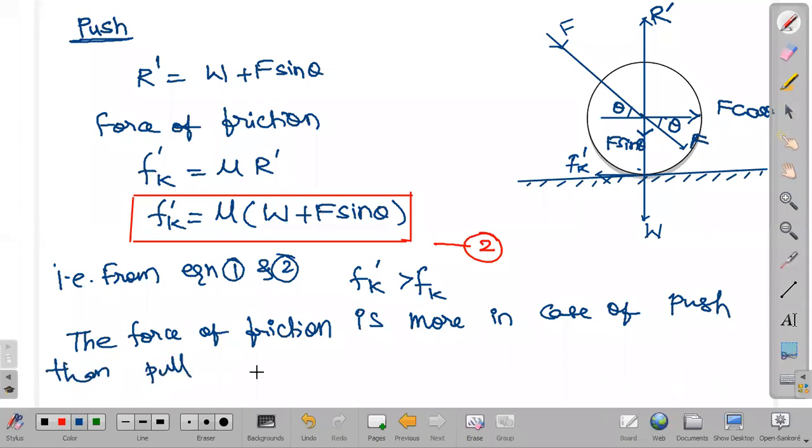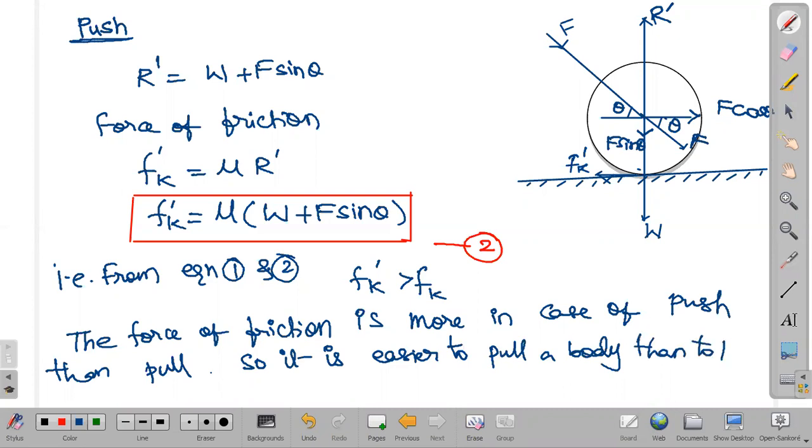If it is more in case of push, then it is easier to pull a body than to push it. So that is why pulling is easier than pushing.